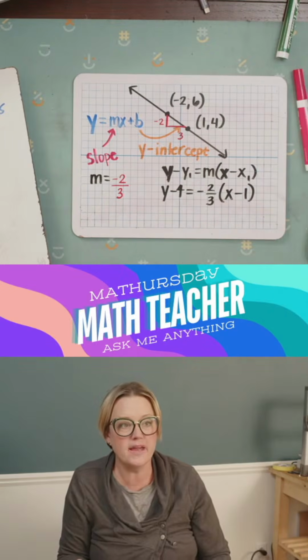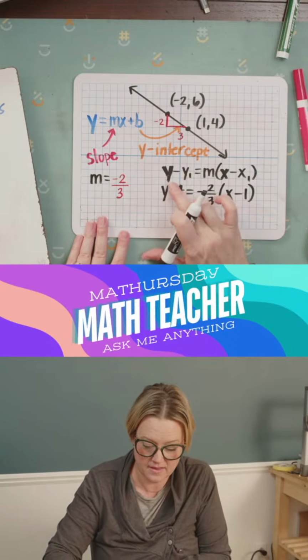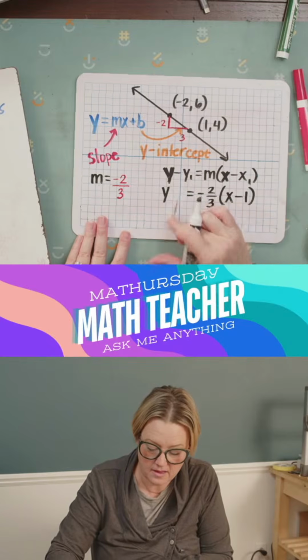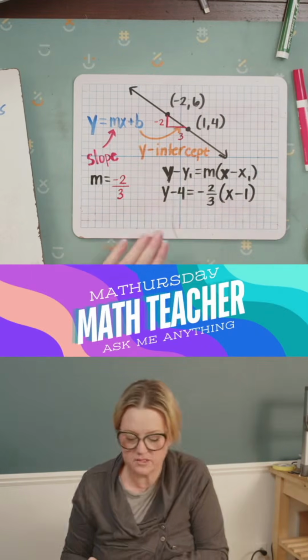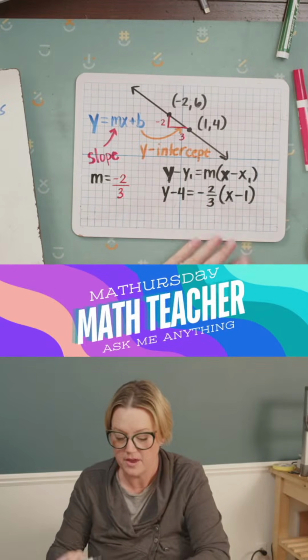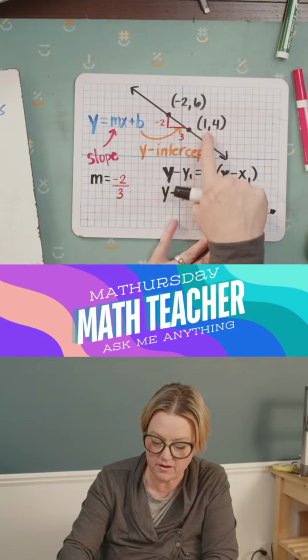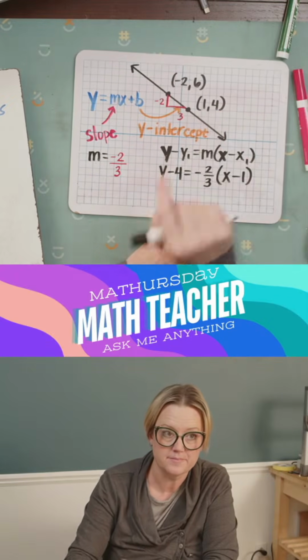So it should be y minus 4. Sorry, I misspoke on that. So y minus 4 equals -2/3 times x minus 1. The 1 came from there, the 4 came from here.